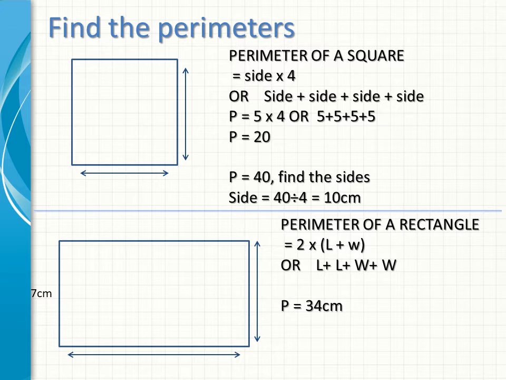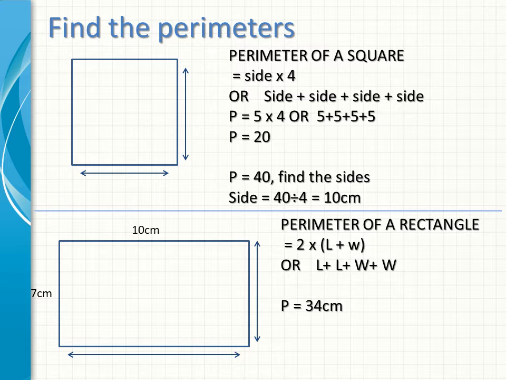Now, if we had 7 centimeter as the width of this rectangle, and for the length we had 10 centimeter, let us try to find the perimeter. Now we know that the perimeter is 2 multiplied by length plus width. What is our length? 10 centimeter.